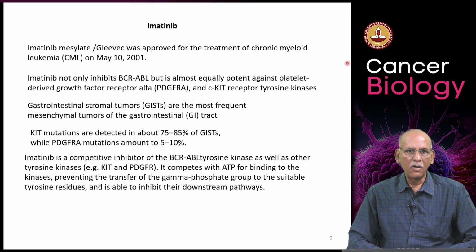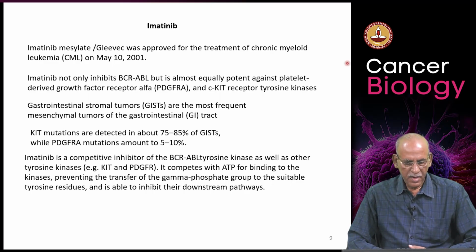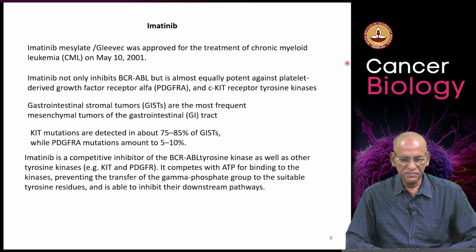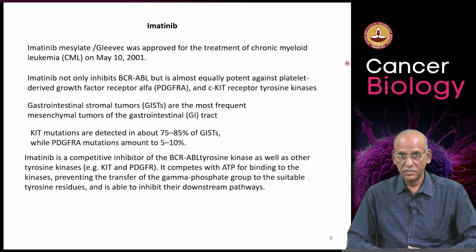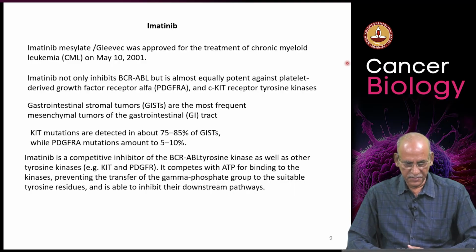And that is why it is also effective against other cancers which overexpress those receptors, like gastrointestinal stromal tumors, GIST as we call them, the most frequent mesenchymal tumors of the gastrointestinal tract. KIT is also an oncogene, c-KIT. Mutations are detected in about 75 to 85% of these gastrointestinal stromal tumors, while PDGF receptor mutations account for about 5 to 10%. So they are active against other cancers also.